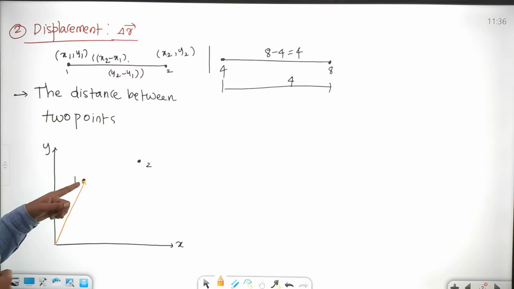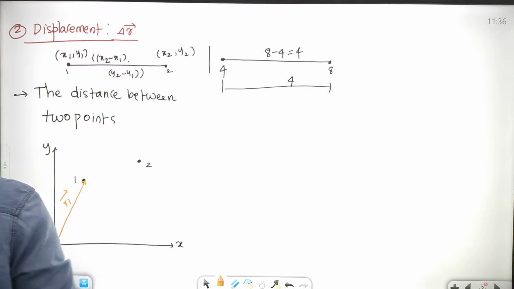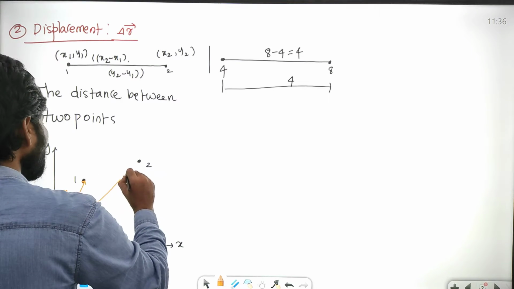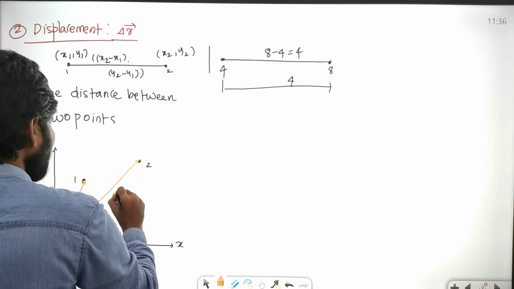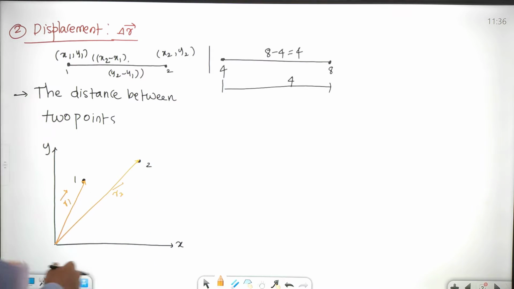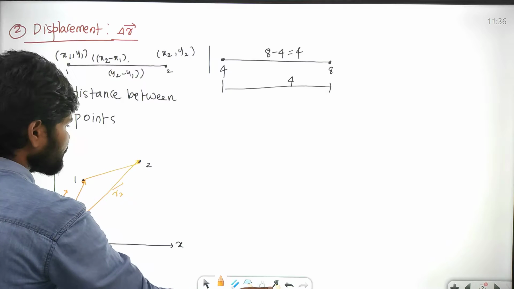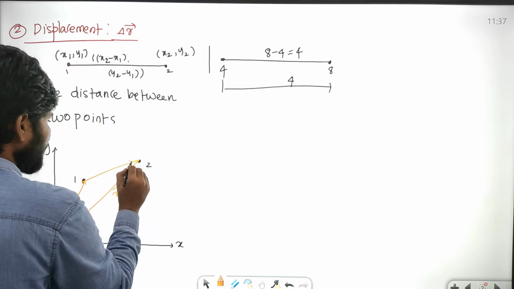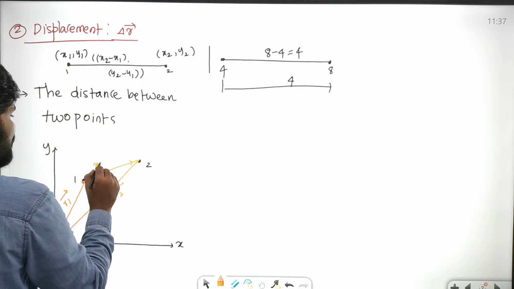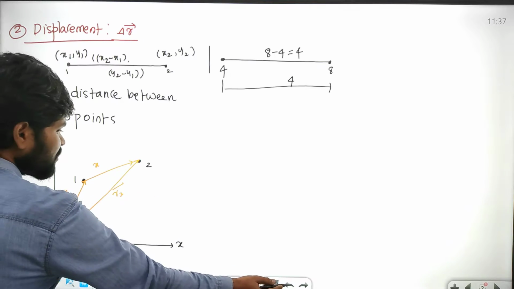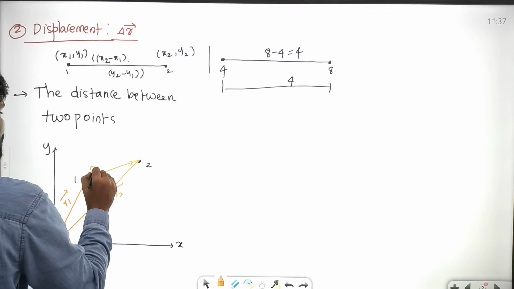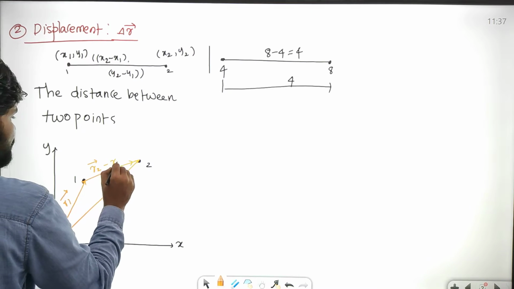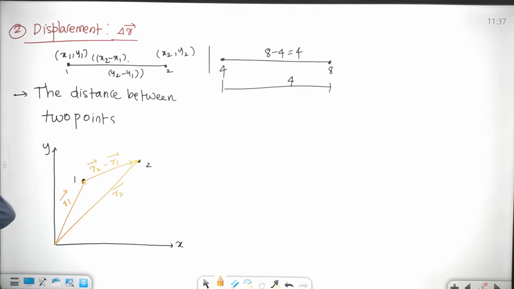Actually this is the position 1, and I am writing r1, and this is the position 2, and I can write it as r2. What I need is the distance between these 2 points, that is nothing but r2 minus r1. This is the displacement vector.